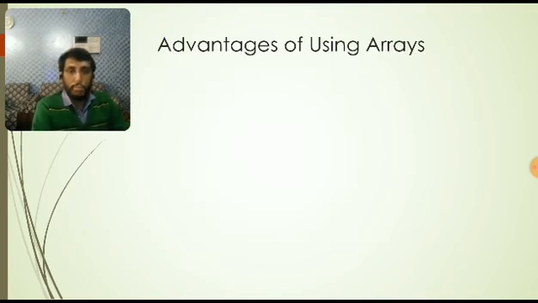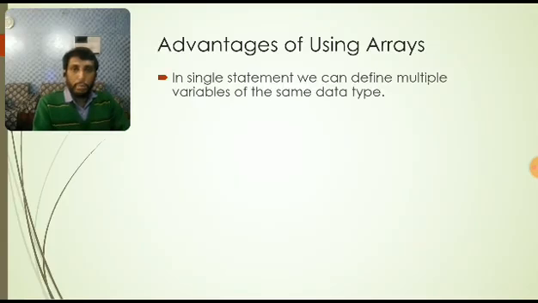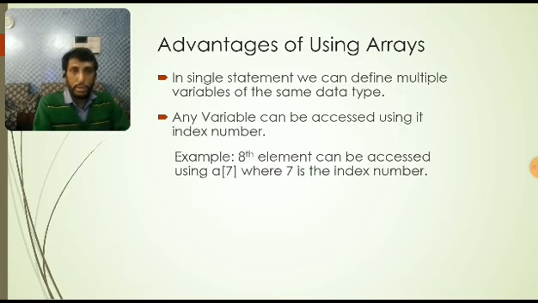And then come to the point of advantages of using arrays. In a single statement we can define multiple variables of the same data type. Any variable can be accessed using its index number. So suppose, as I said previously, that you want to print something which is at position number 8, then you can print it.